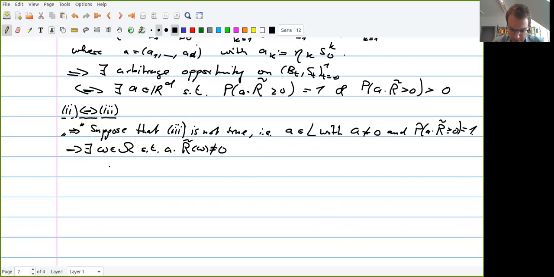So because every omega has a positive probability, this implies that (ii) is not true. So we have our contradiction. All right, that's not so hard. And the other one is also not so hard.